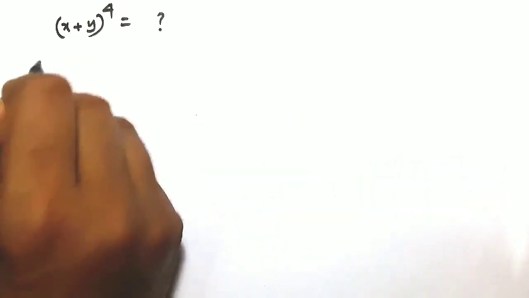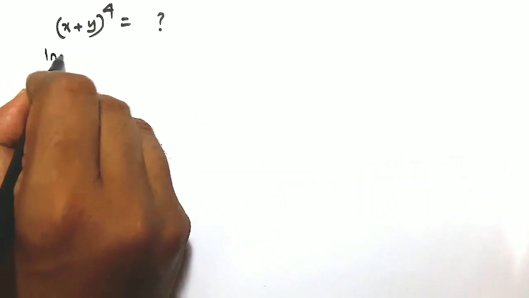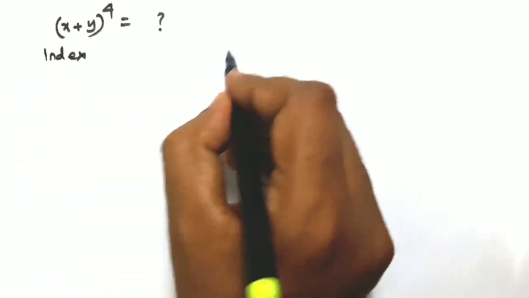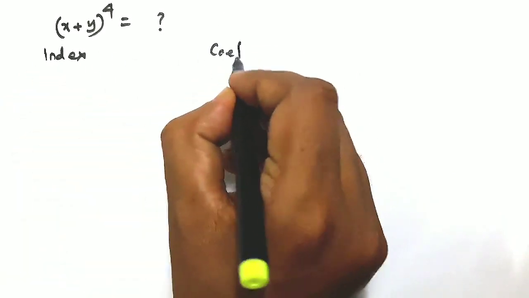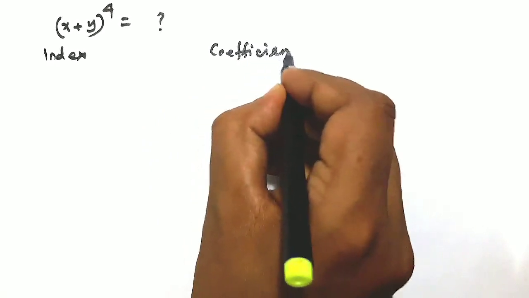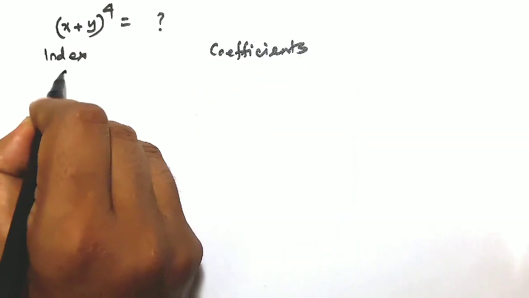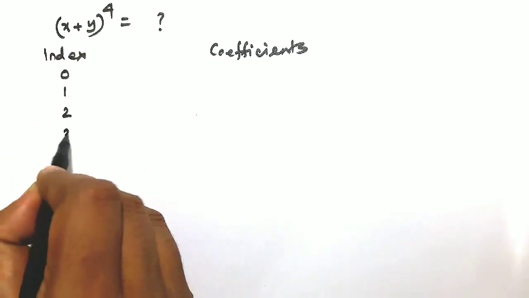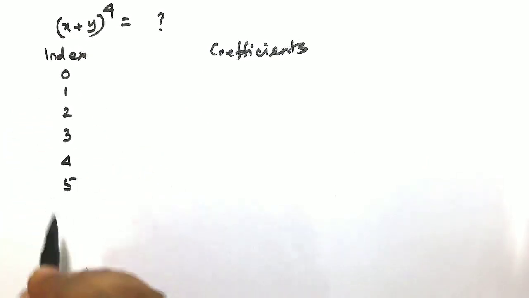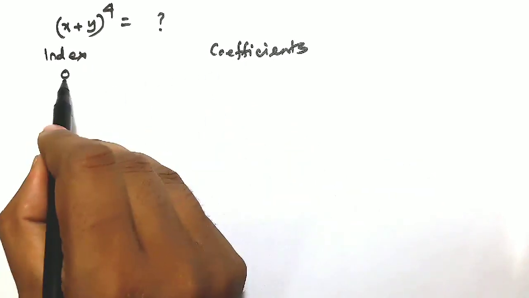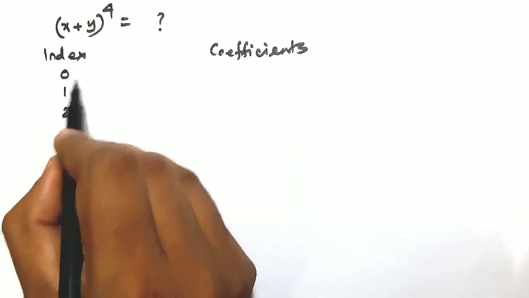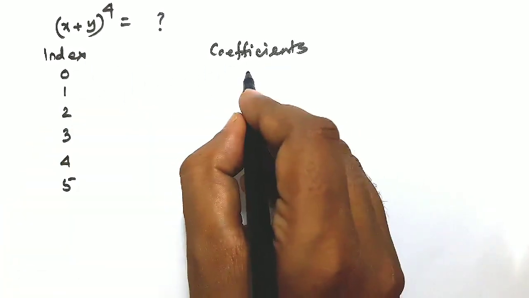So friends, first of all we write the indices and their respective coefficients. The indices start with 0, 1, 2, 3, 4 or 5 and many more. When the index is 0 of x plus y, then obviously the coefficient is 1.